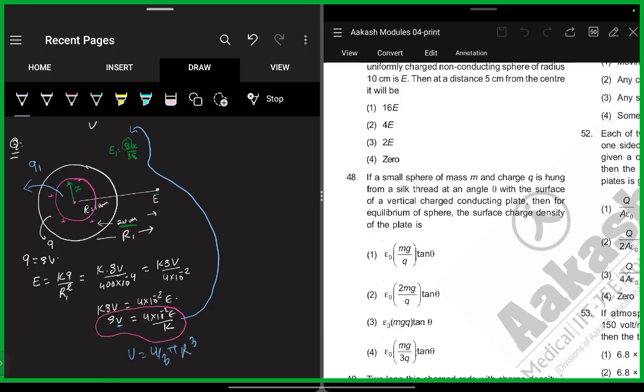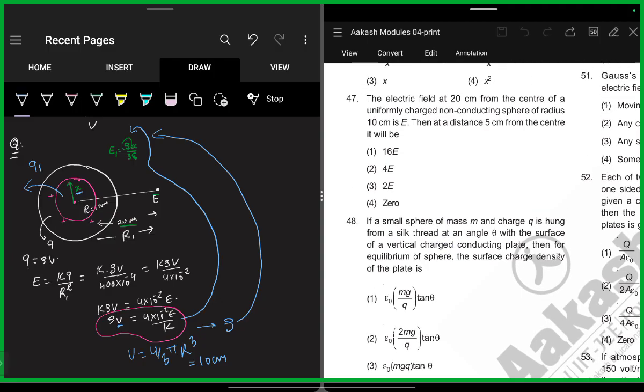Here r is 10 centimeter. You will get some value. If you plug this here, you will get the rho value. Now if you plug this rho value here, you have this x distance, that is 5 centimeter, as it says in this question. So you'll end up with the answer.